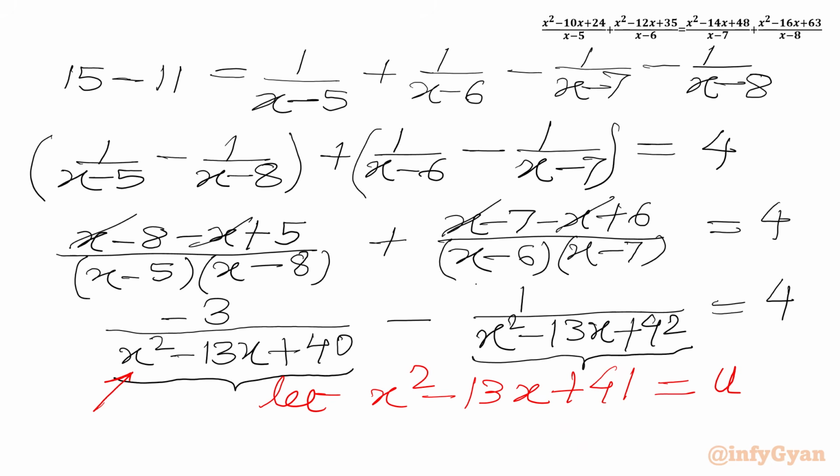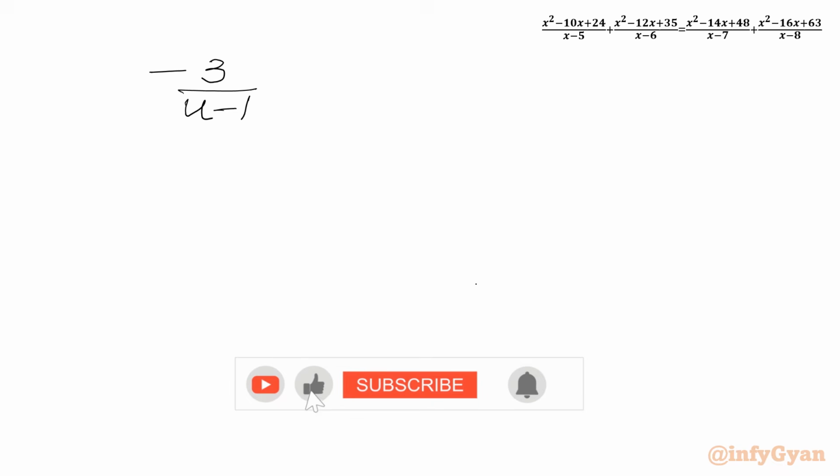So here we can write u minus 1 and this denominator will become u plus 1. So we can write our equation after this substitution minus 3 over u minus 1 minus 1 over u plus 1 equal to 4.